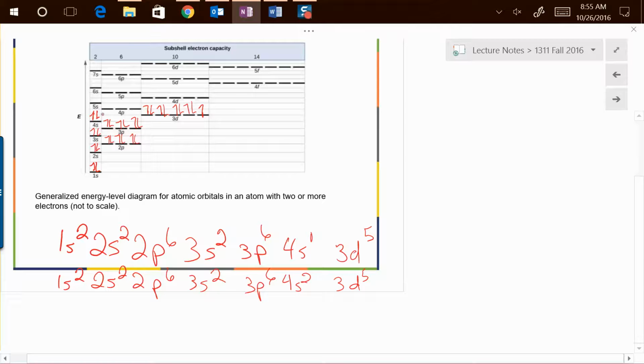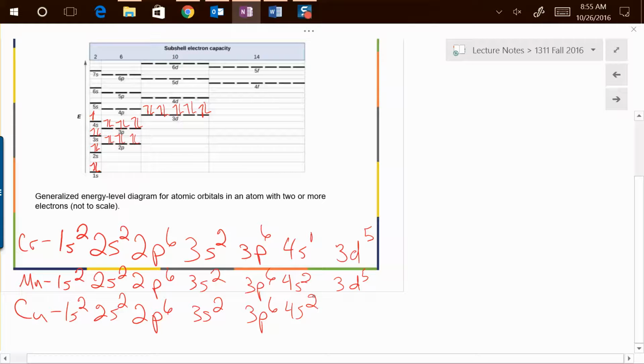So to write the electron configuration of copper, I'm going to take that electron away and put it there. Now the electron configuration of copper is 1s2, 2s2, 2p6, 3s2, 3p6, 4s1, 3d10. Okay? So it fills the D.